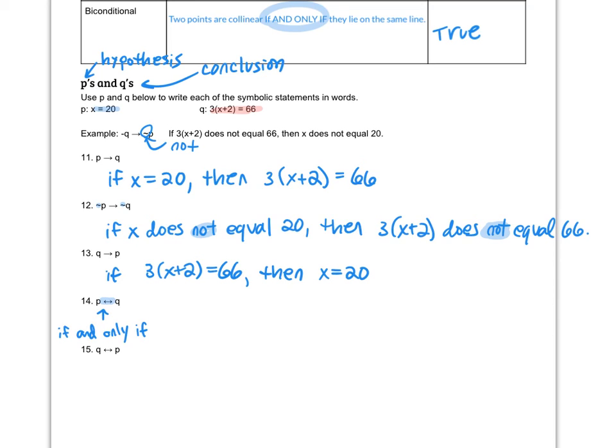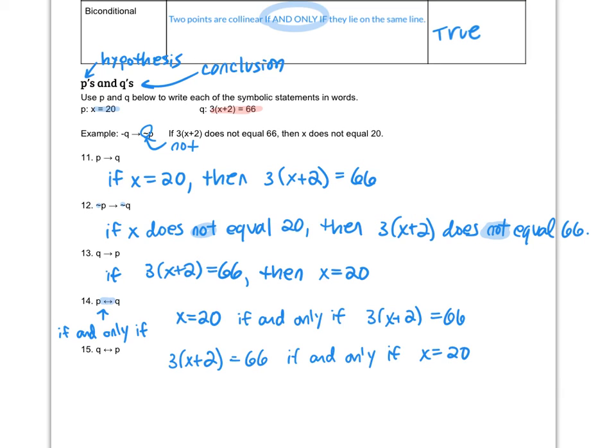So I'm going to start with P, that's x equals 20, and then I'm going to have if and only if 3 times x plus 2 equals 66. So P, if and only if Q. Pause it and see if you can write the next statement for number 15. Here it is. It's the same thing, just with P and Q interchanged.